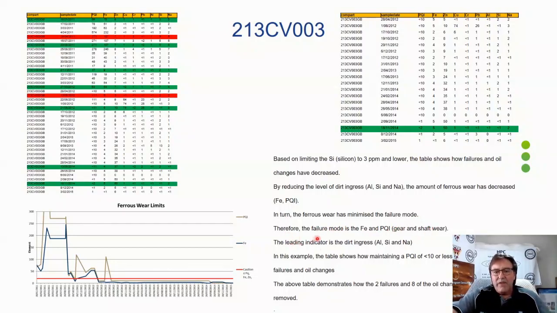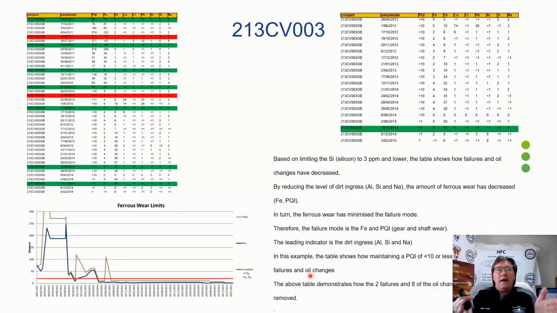So therefore the failure mode in this instance was again the ferrous wear and the large iron wear, the PQI, right, from gear and shaft wear, and the leading indicator was the dirt signature. However, we based our alarm limits for this gearbox in the application purely around the PQI, and if we maintained a level less than 10 ppm, okay, our failure modes and our oil changes went away, right?